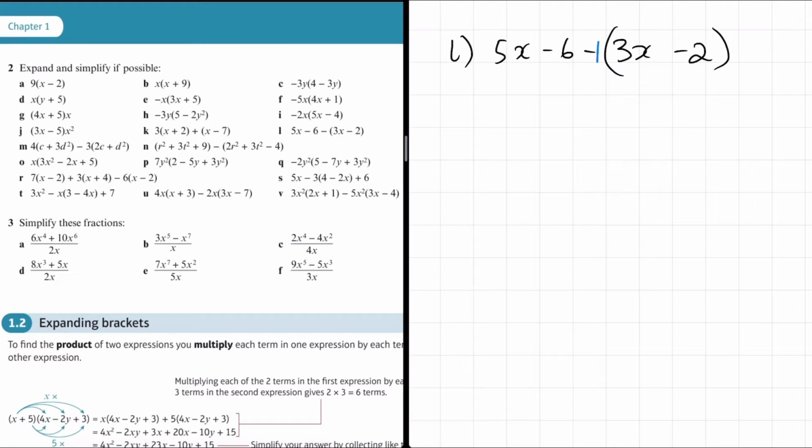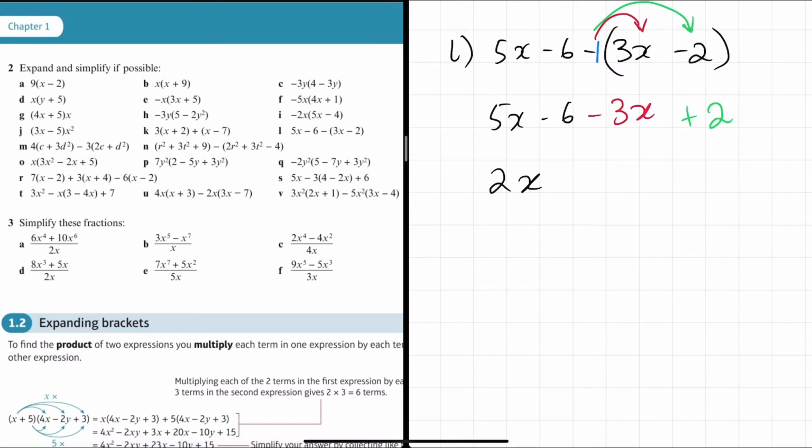So we've got 5x minus 6, minus 1 times 3x is minus 3x, and then minus 1 times minus 2, and this is why it's really important, because now this turns into a positive and we get plus 2. Now we can collect like terms. We've got 5x minus 3x, which is 2x, then we've got minus 6 plus 2, which is minus 4.